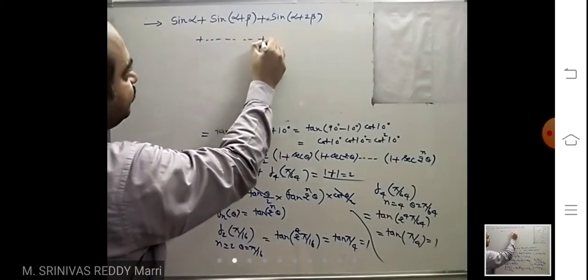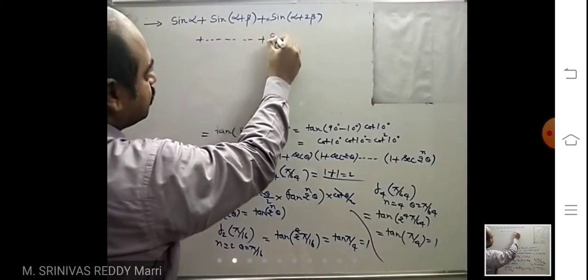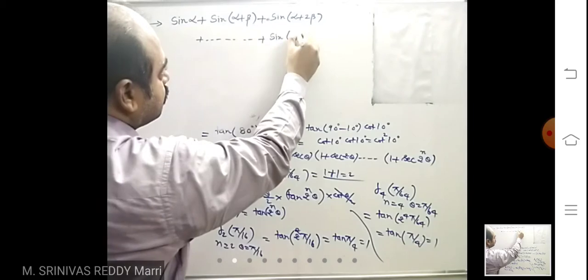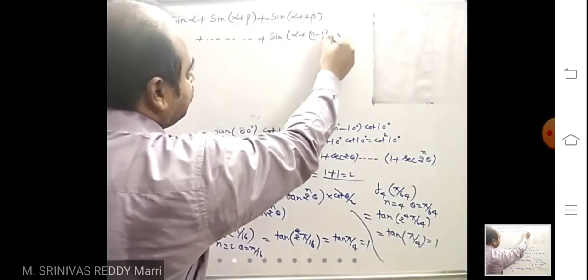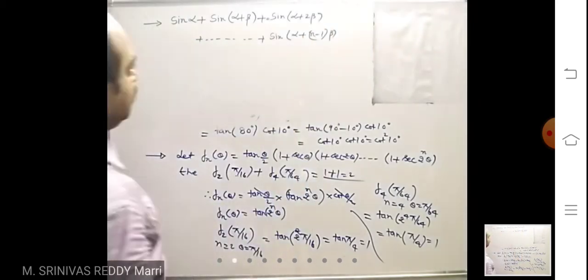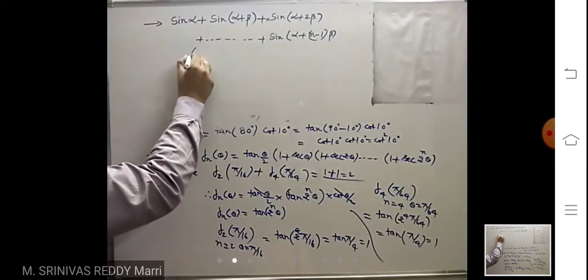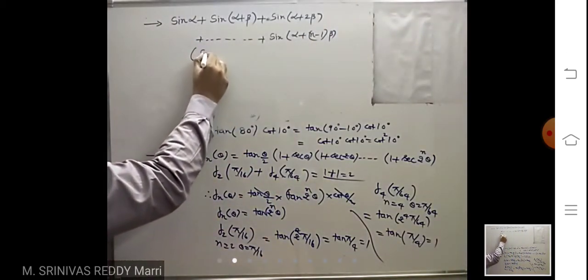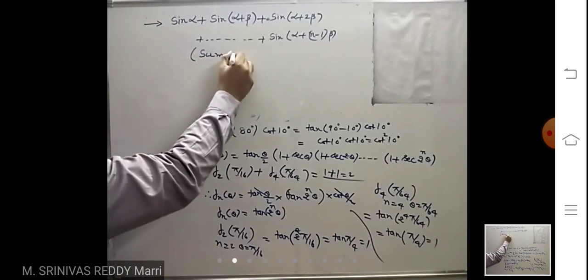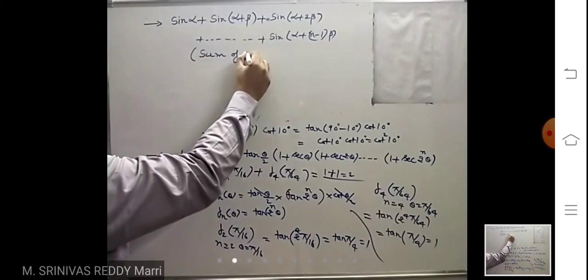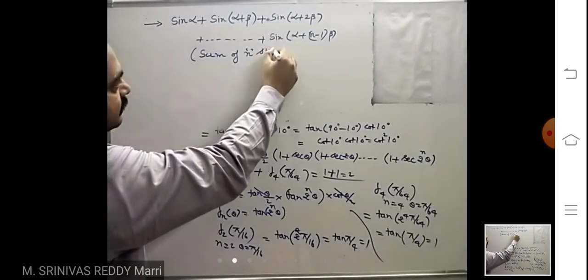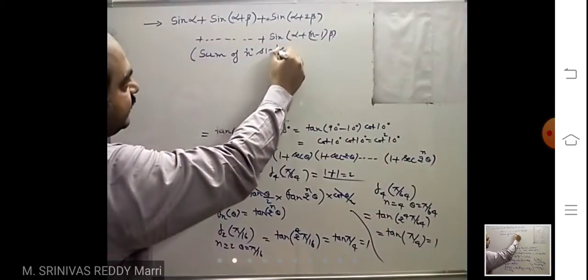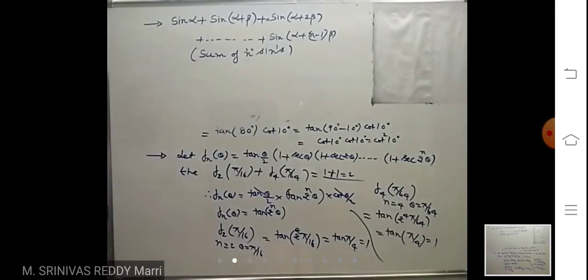N sines will be there, up to sine of alpha plus n minus 1 beta. Here, the sum of how many sines? N sines.